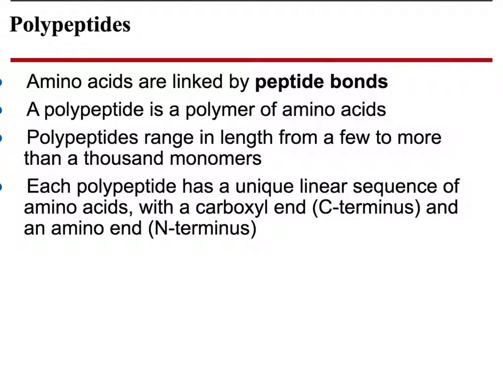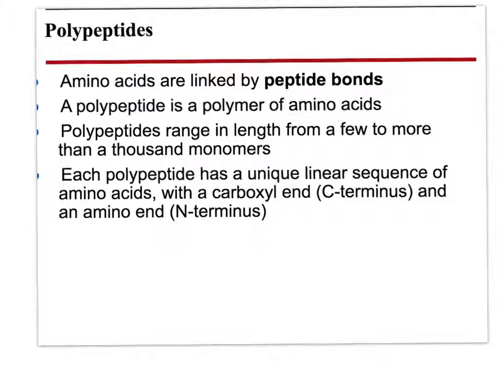So, polypeptides. Your amino acids are linked together by a special bond called a peptide bond. That's why we call a string of amino acids, a polymer of amino acids, a polypeptide, because there are multiple peptide bonds.